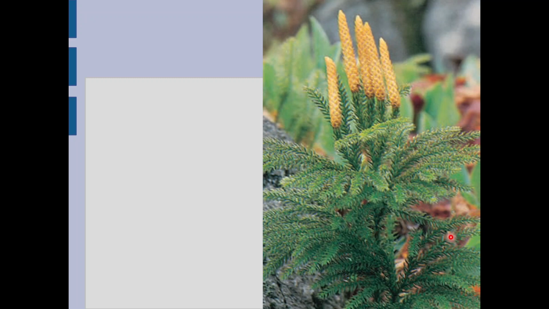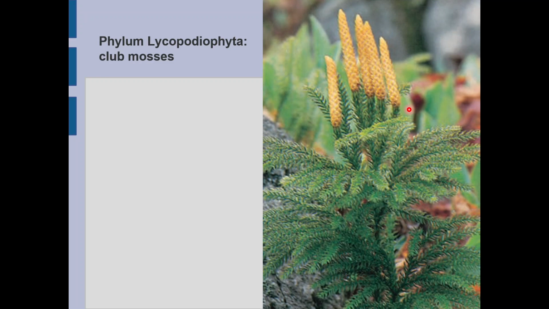And this is a club moss. It looks like a small Christmas tree, but actually this is a club moss, it's not a tree. These plants are very attractive and very common in woods.